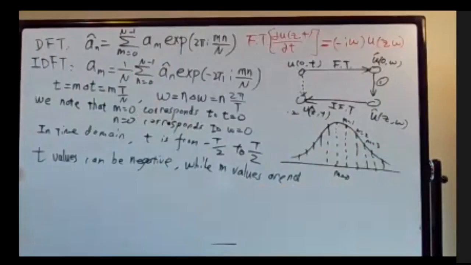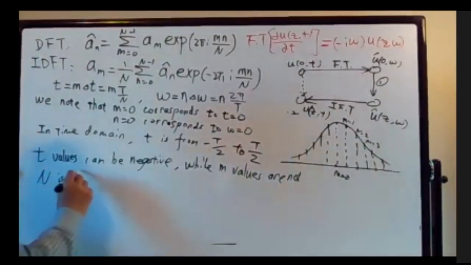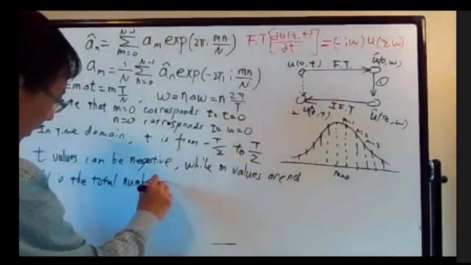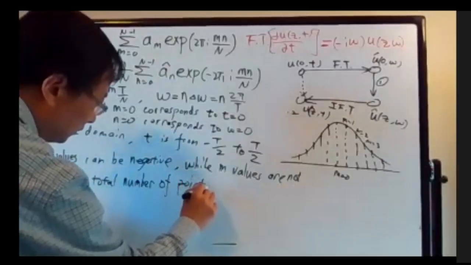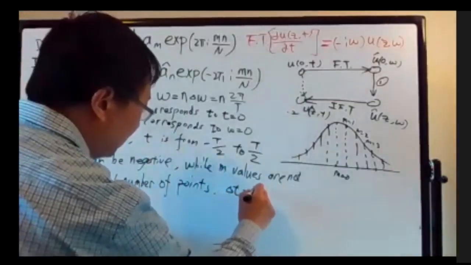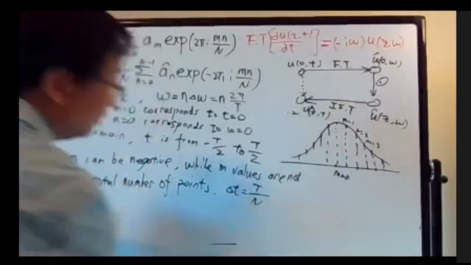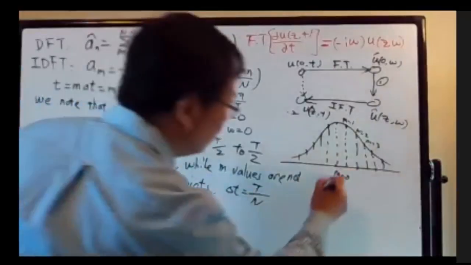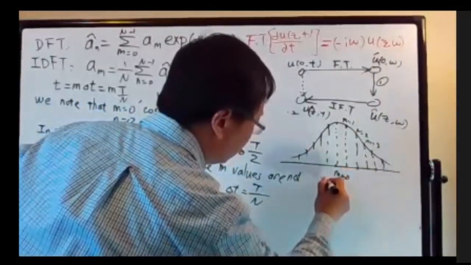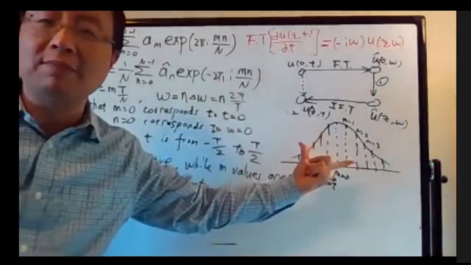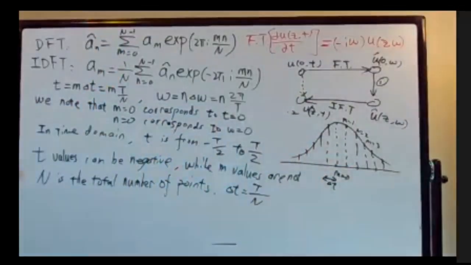N is the total number of points, and delta t is total T over N. So delta t is the total time span divided by capital N.